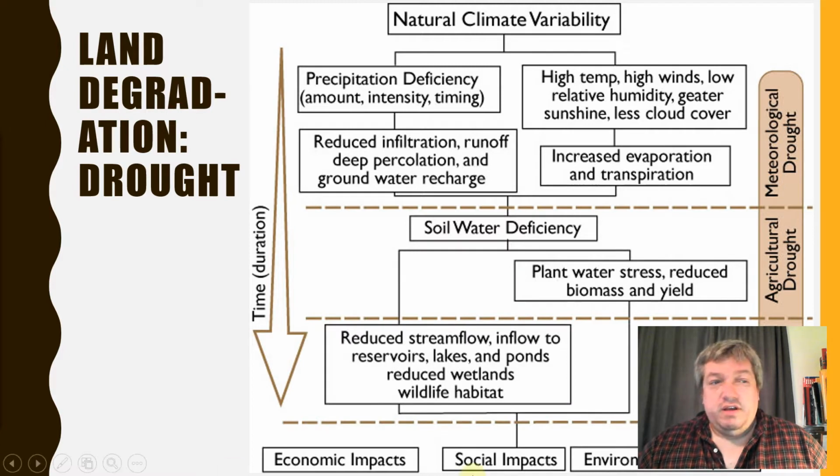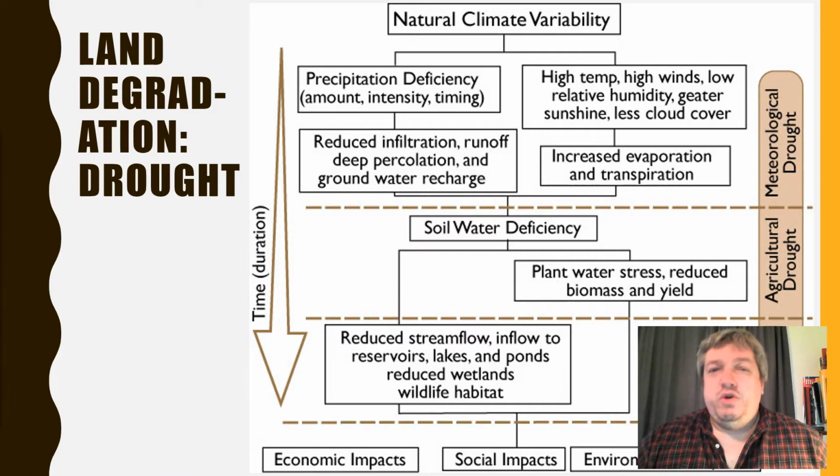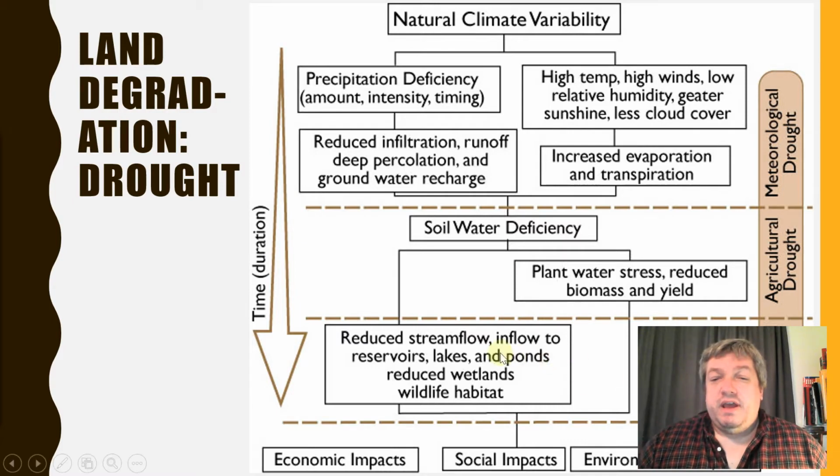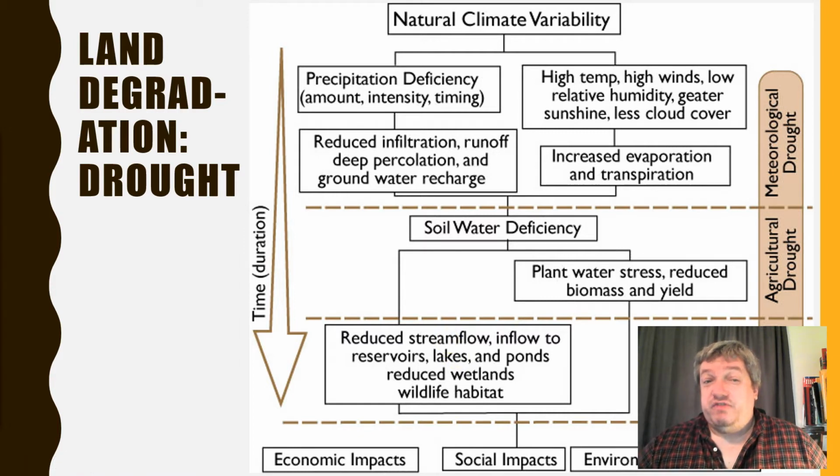And then the last one, underneath me here, is hard to see, is hydrological drought. Maybe something happens to change the flow of water. So if you are in a swamp and they build a reservoir or a dam, or they change the river flow, they change the amount of water in the swamp. That would definitely be a drought.